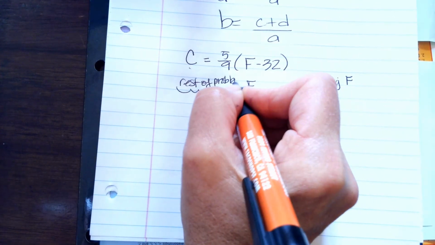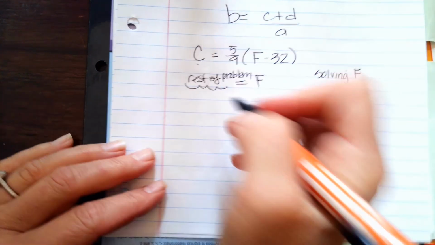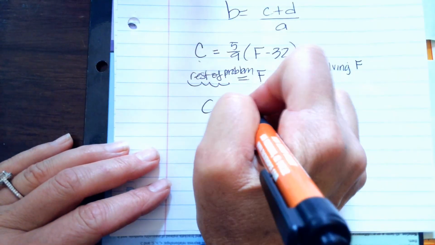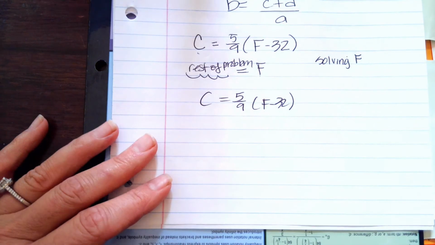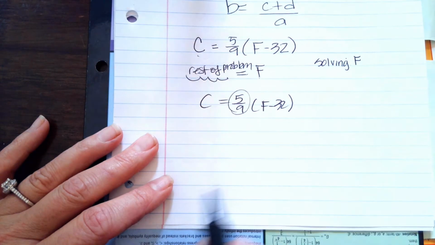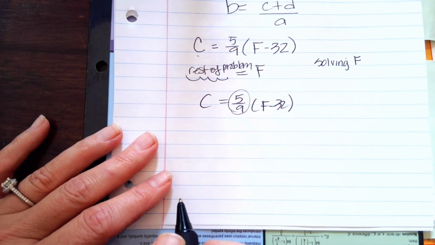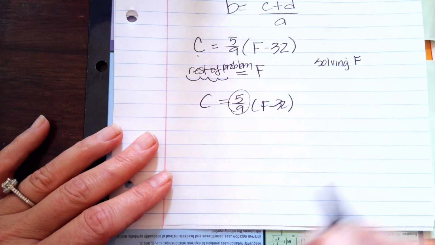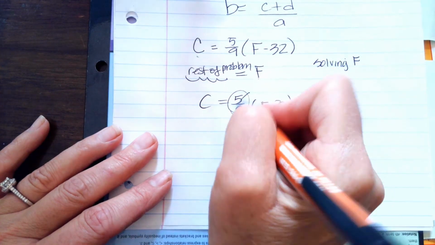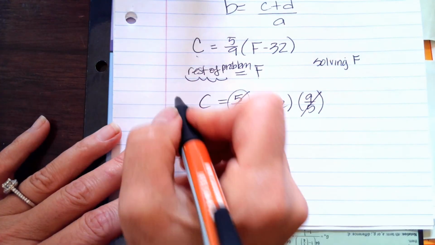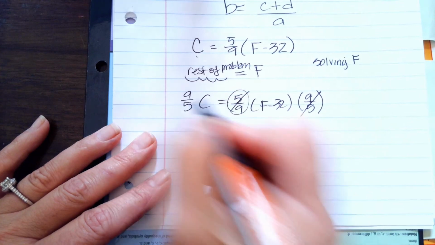So now we just take the problem. So we're going to do C equals 5/9 F minus 32. And the first thing we're going to do is get rid of this. So they're doing 5/9. To get rid of it, we do the reciprocal, which is multiplying it by 9/5. This cancels each other out. And anything we do to one side, we do to the other.